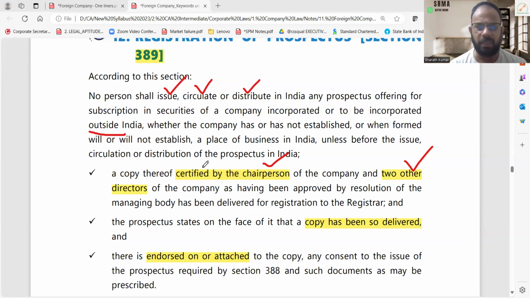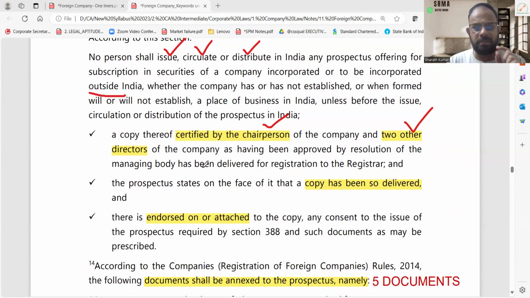Majorly they'll talk about outside India, whether the company has or has not established, or will or will not establish, a place of business in India, unless before the issue, circulation or distribution. That means only after the prospectus will you give all the other details. So issue the prospectus first, circulate it, distribute it, and only then the other details.